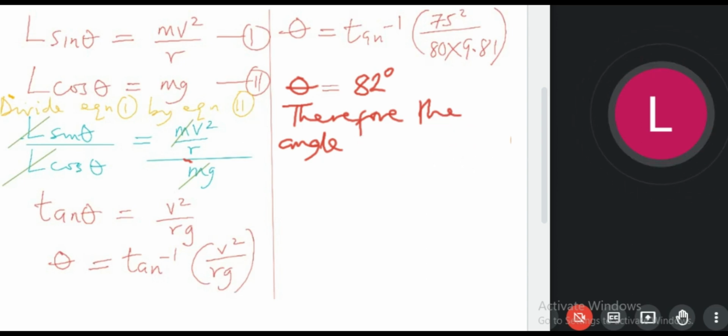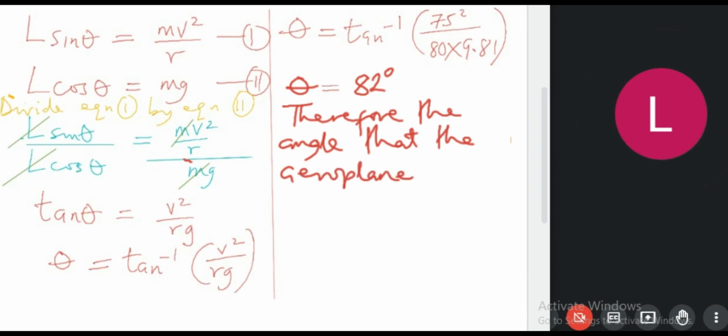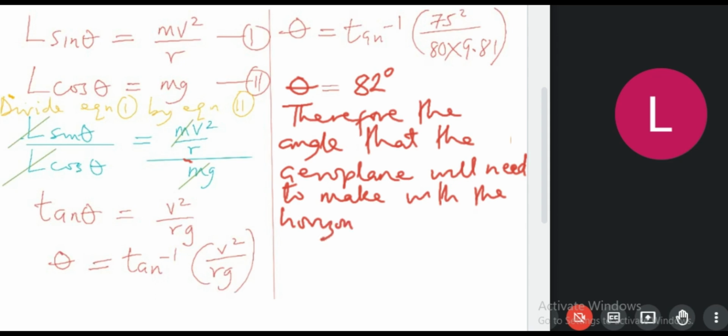Let me put it that way. Therefore, the angle that the aeroplane will need to make with the horizontal axis will be 90 minus 82.